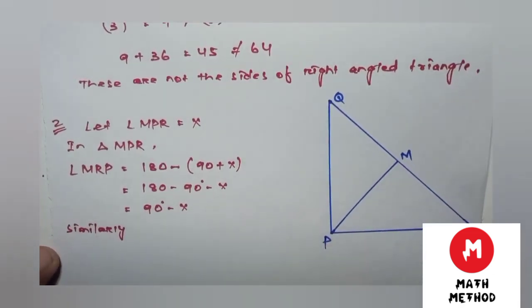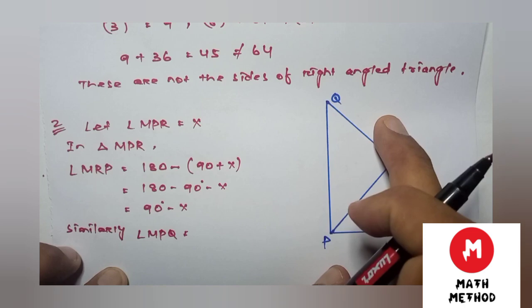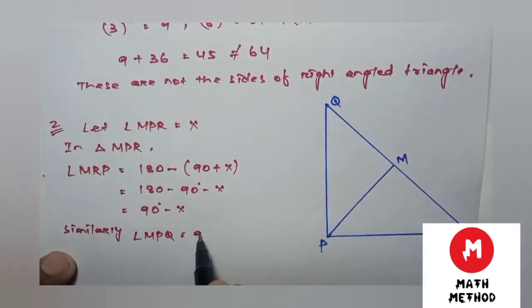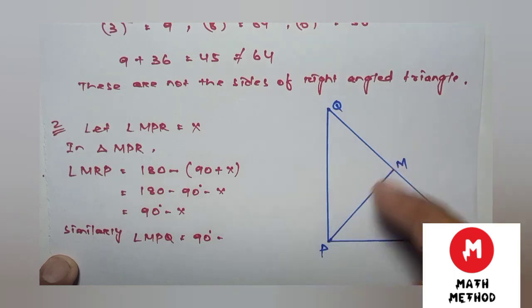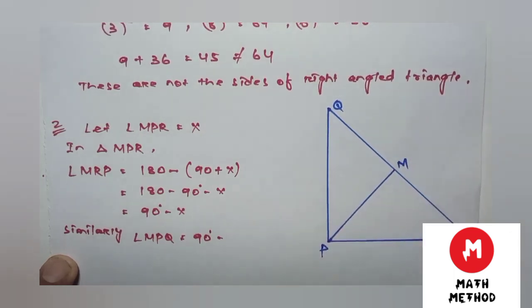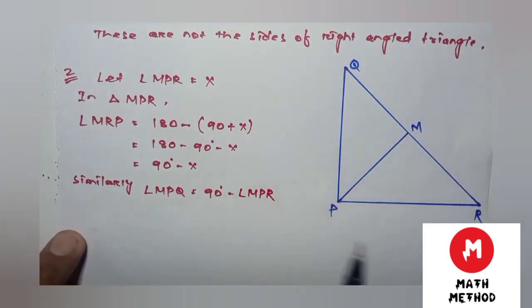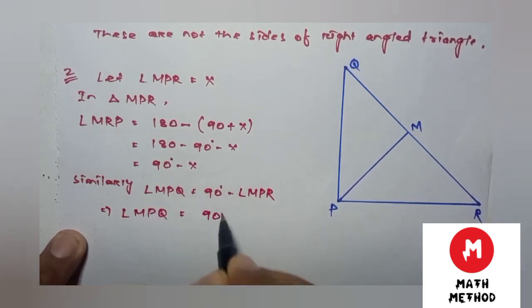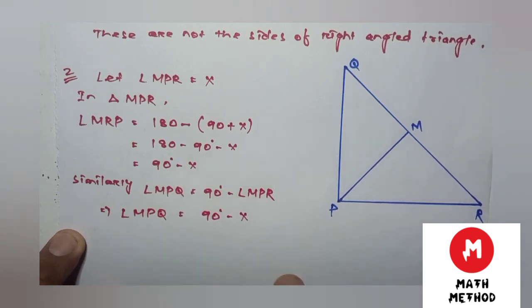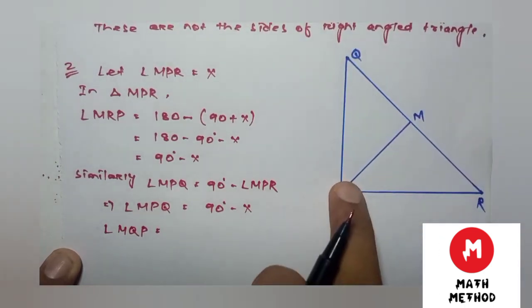So angle MPQ is equal to 90 degree minus angle MPR, which is 90 degree minus X. This implies angle MPQ is equal to 90 degree minus MPR, which is equal to X. So now another angle MQP is equal to 90 minus X.